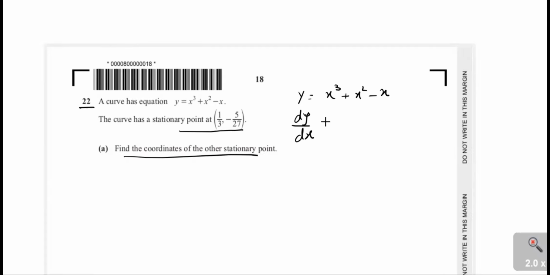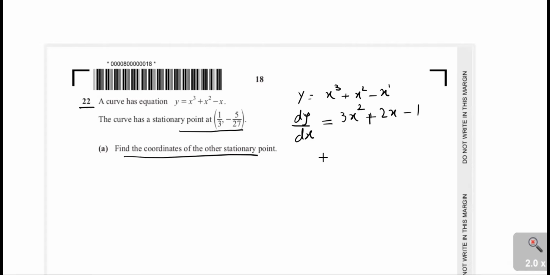Now, firstly we will take the derivative. The derivative of this equation, dy over dx, equal to the derivative of x cube, will be 3x square. The derivative of x square will be 2 times x, minus the derivative of x, which is 1 times x power 0, meaning minus 1. We can write directly minus 1.